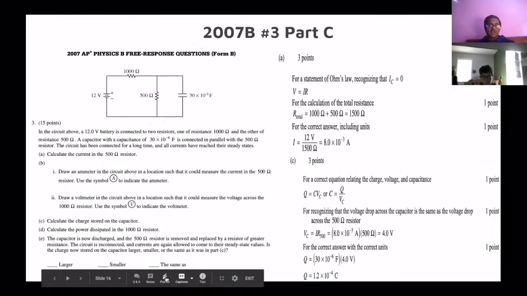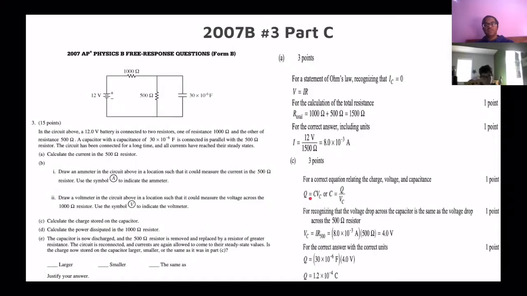Now for the charge stored on the capacitor, we're going to need Q equals CV. We already know the capacitance is given, 30 times 10 to the negative 6 farads. So what we have to do is find voltage.